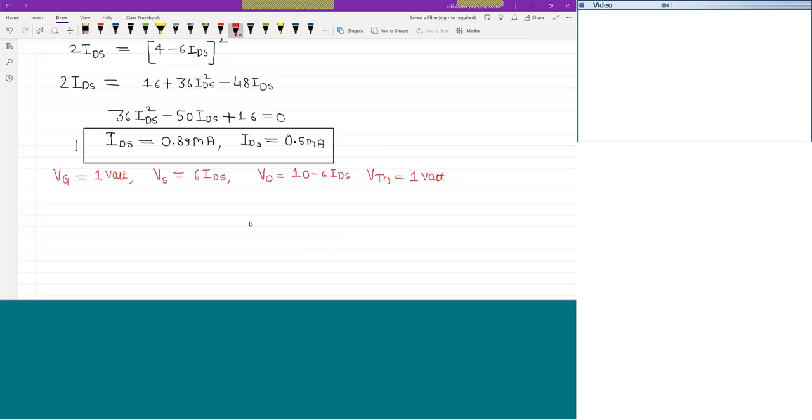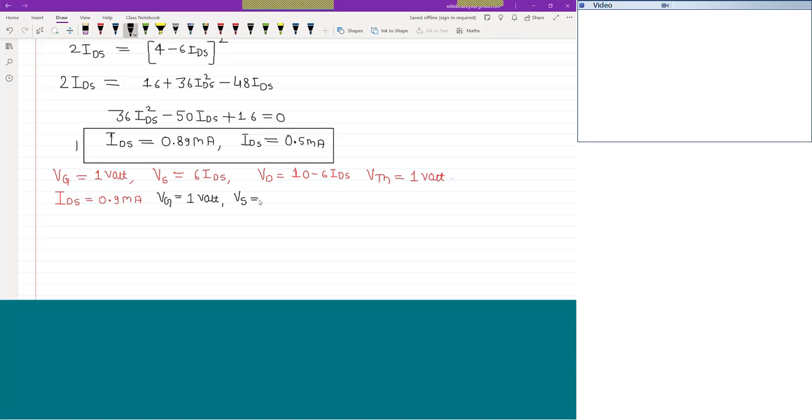So let's take IDS equal to 0.9 milliampere. I make 0.89 into 0.9. So let's say IDS equal to 0.9 milliampere. Let's see what happens. Vg is equivalent to 1 volt. How much will Vs be?